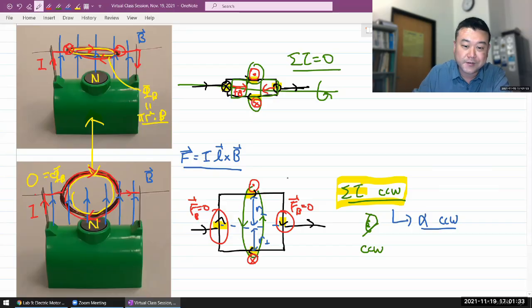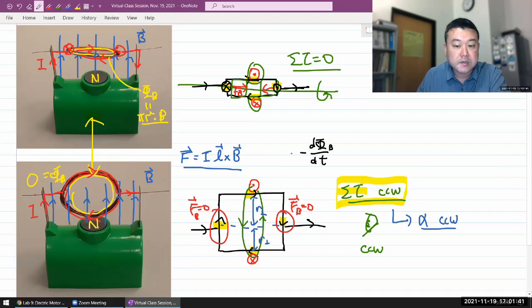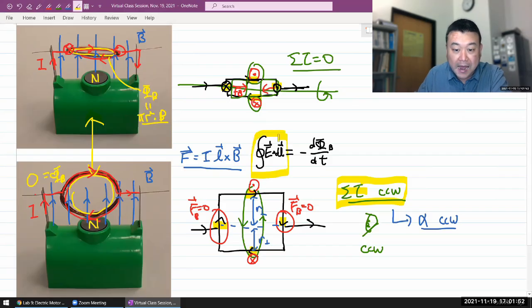And as you learned this week, the change of magnetic flux, or the time derivative of magnetic flux, is associated with the line integral of electric field, which I could give another name: a line integral of electric field is voltage.